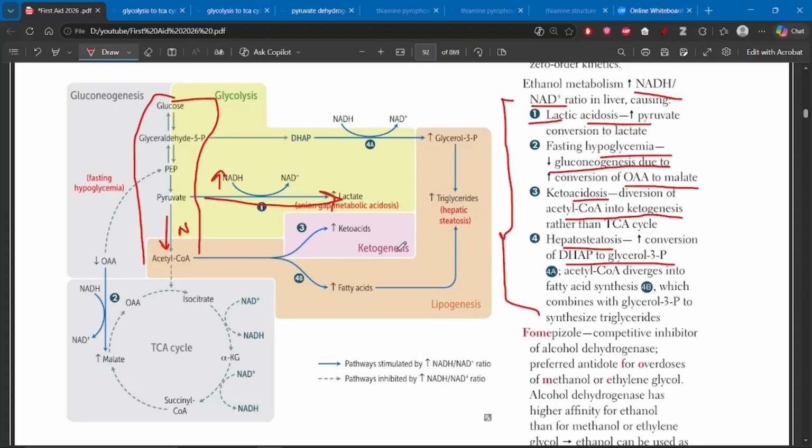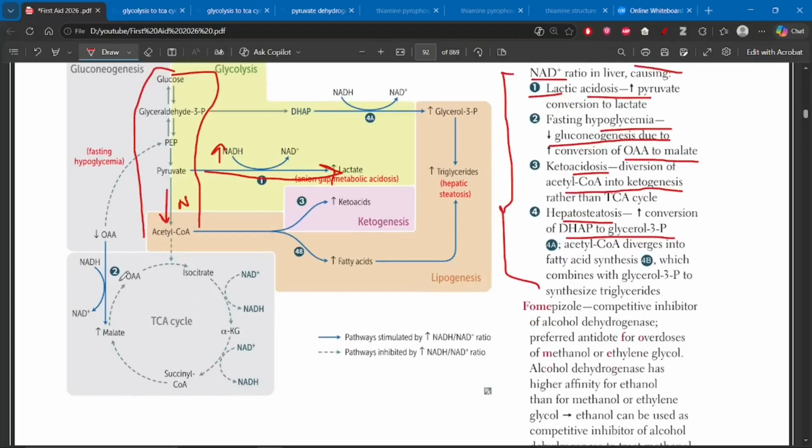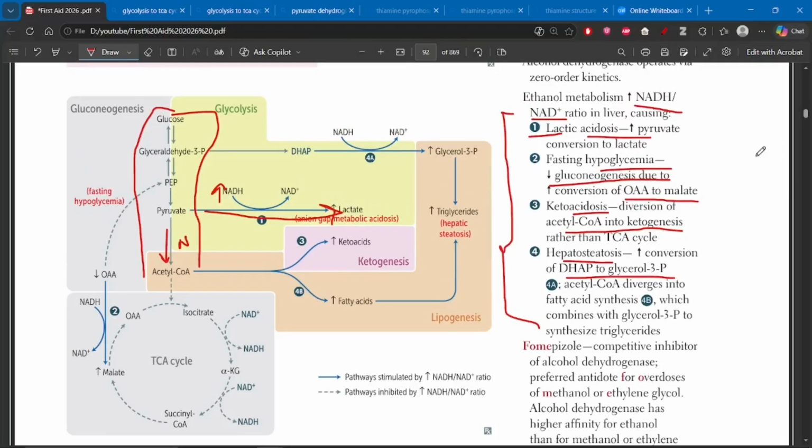So now gluconeogenesis needs oxaloacetate, right? So it needs oxaloacetate to perform. What happens is that oxaloacetate gets converted into malate, and then it can go forward, right?